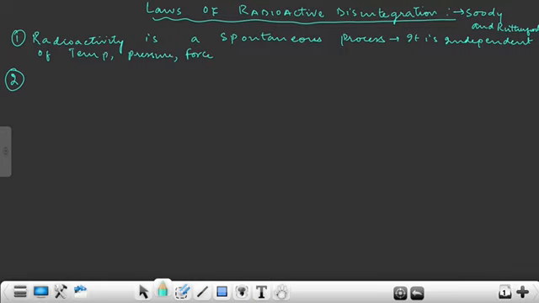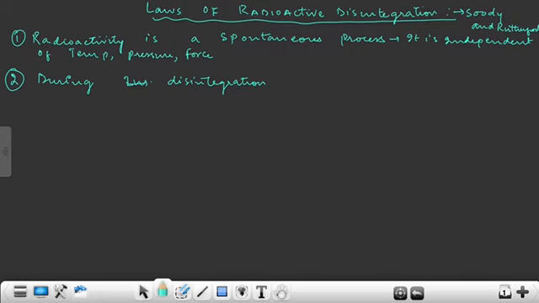The second law: whenever disintegration happens, during the disintegration of an atom, either an alpha particle or a beta particle is emitted. Both alpha and beta are never emitted simultaneously.